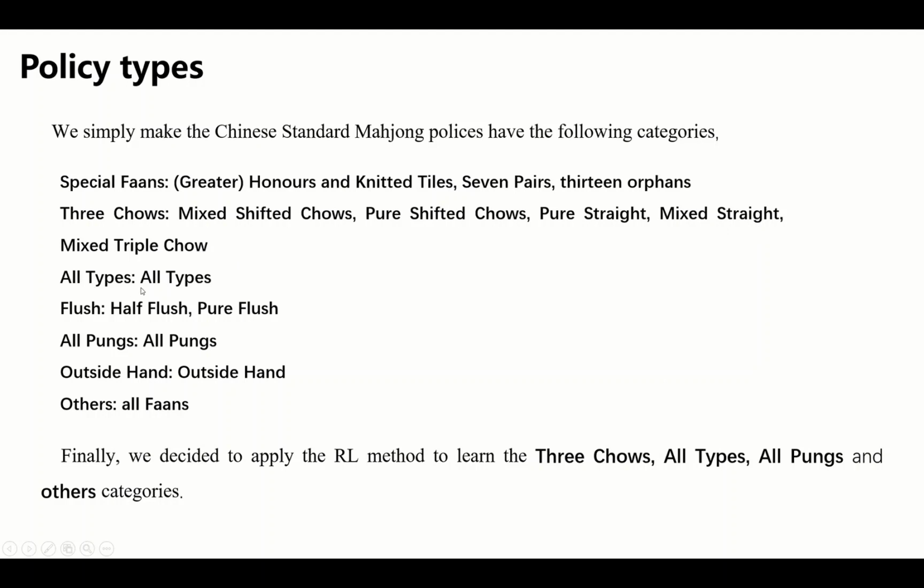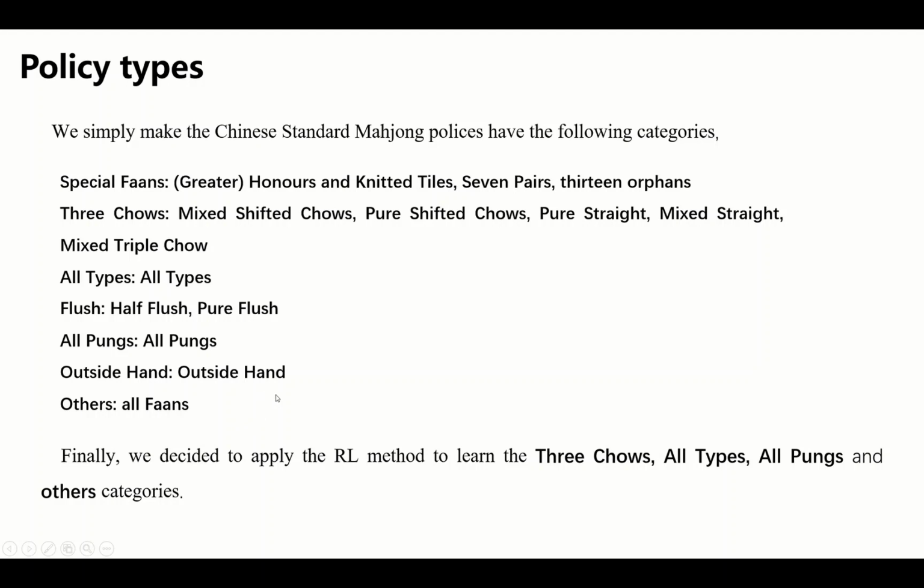The all types, which only contains all types. The flush, which contains half flush and pure flush. The all Pengs, which only contains the all Pengs. The outside hand, which only contains the outside hand, and the others, which contain all fans.